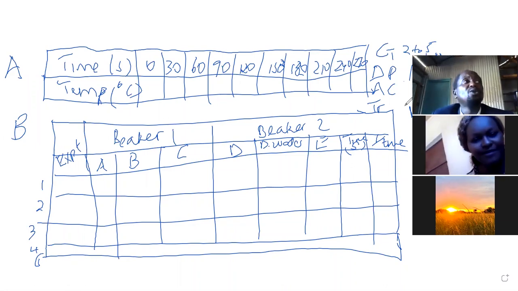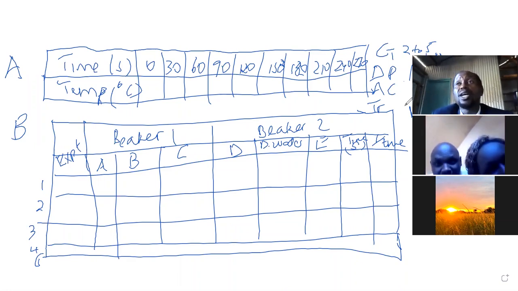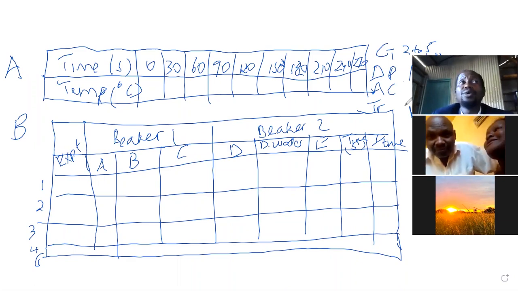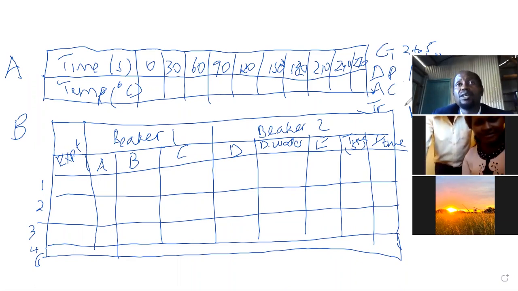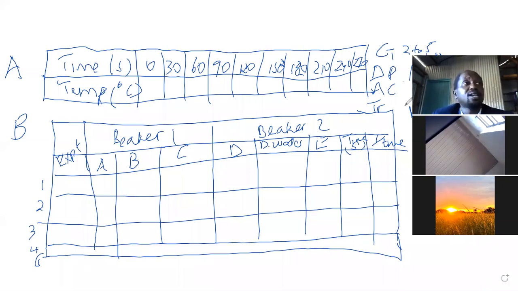That temperature should always be less than 40 and greater than 10. I'm talking of a solution which you've not done anything to, not reacted anything. You found it in the lab. The initial temperature should not exceed 40 and should not be less than 10. That is just an example.